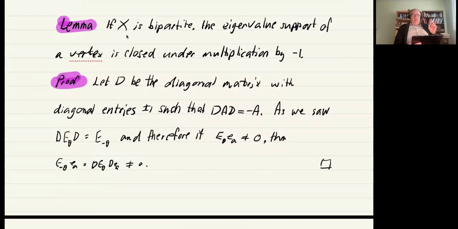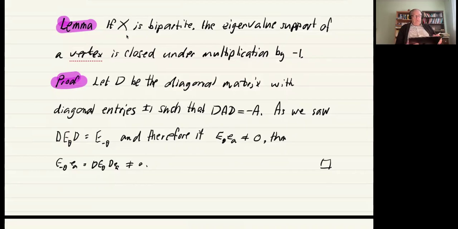For a bipartite graph, the spectrum of the graph is closed under multiplication by -1. If theta is an eigenvalue, then minus theta is an eigenvalue with the same multiplicity. But I'm saying something a little different here. What I'm saying is the eigenvalue support is also closed under multiplication by -1. So if theta belongs to the eigenvalue support, so does minus theta. Okay, so that's what we have to prove.